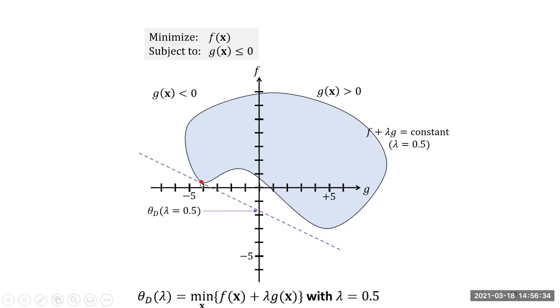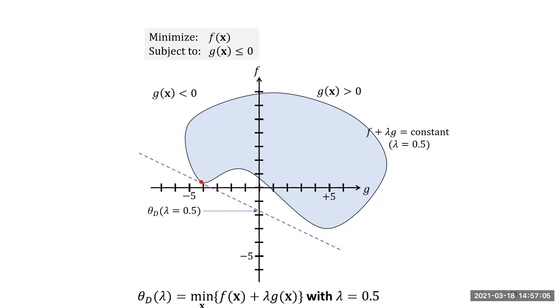And at the point of tangency, we get g of x and f of x, and we can read off the value of f plus lambda g here. Agreed? Yes. So this is a tangent. So Dr. Das, our goal here is to find the optimum value of x that minimizes f plus lambda g.